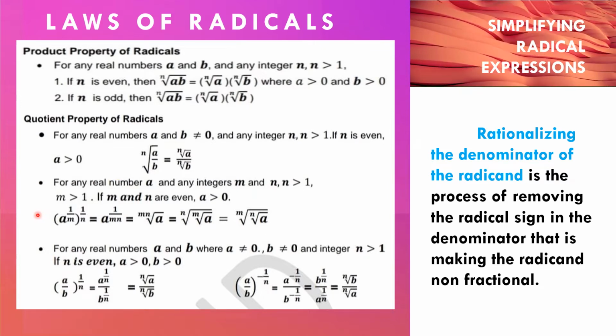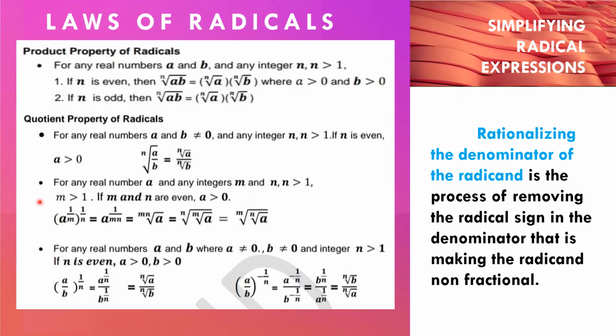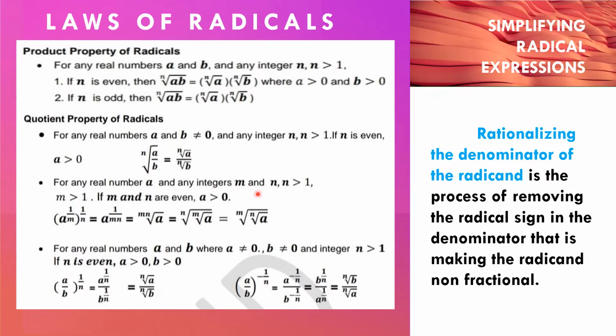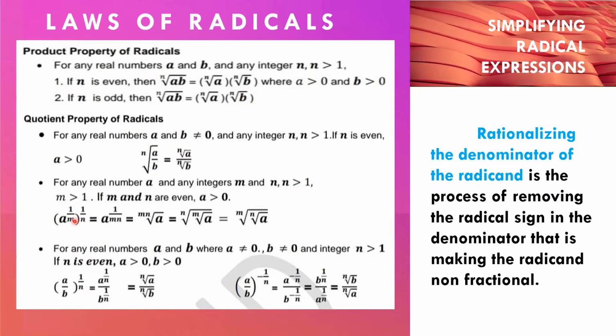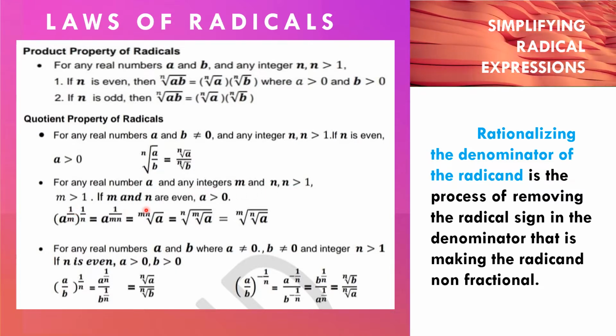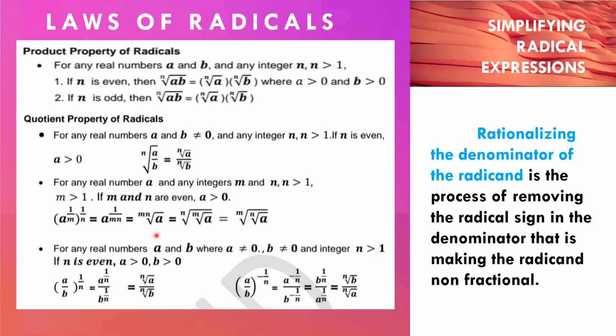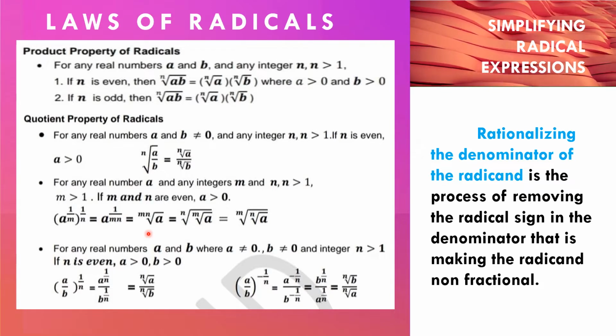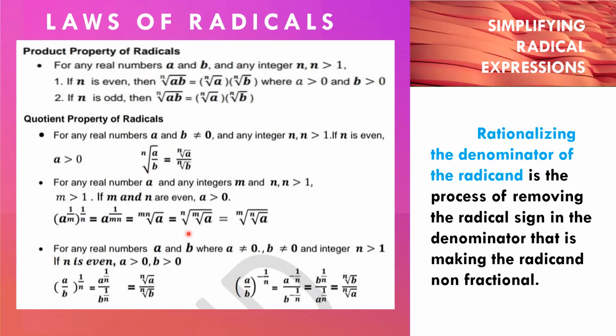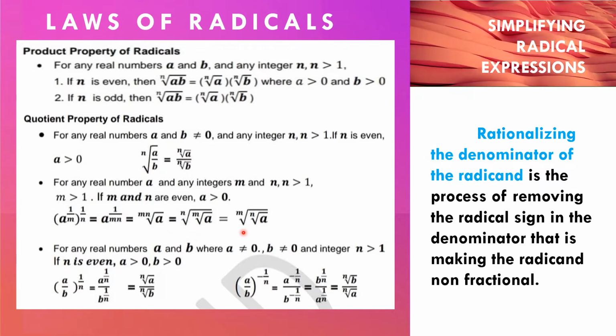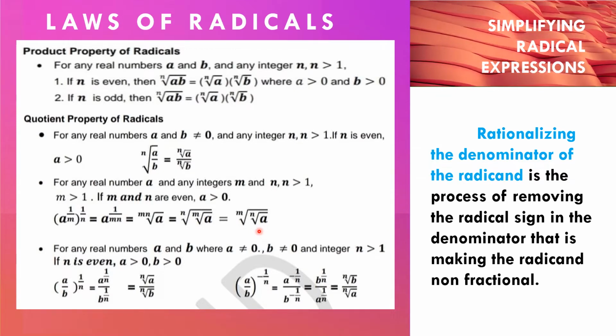Third law of radicals, for any real number a and any integers m and n greater than 1, if m and n are even and a is greater than 0, then mn root of a is equal to nth root of mth root of a or mth root of nth root of a.